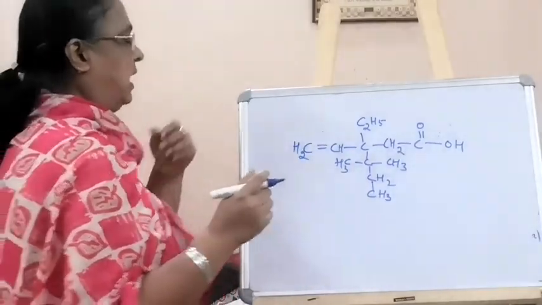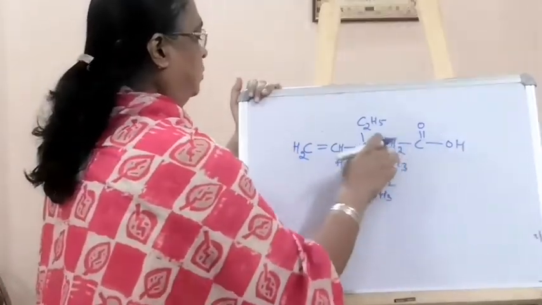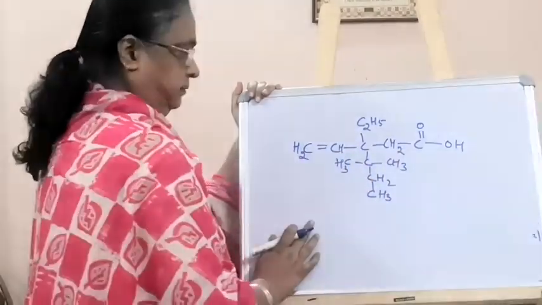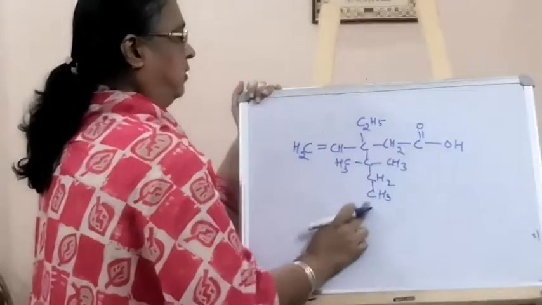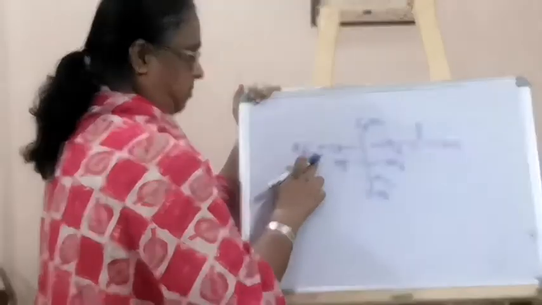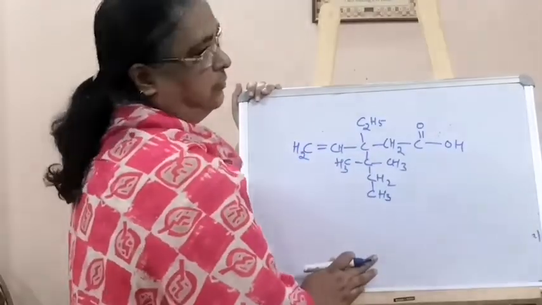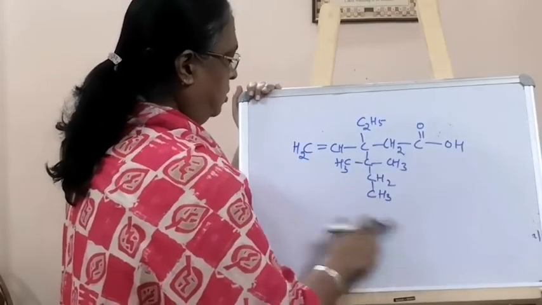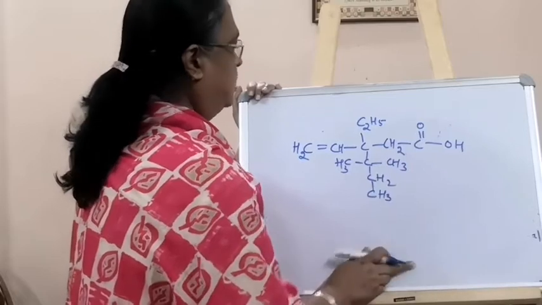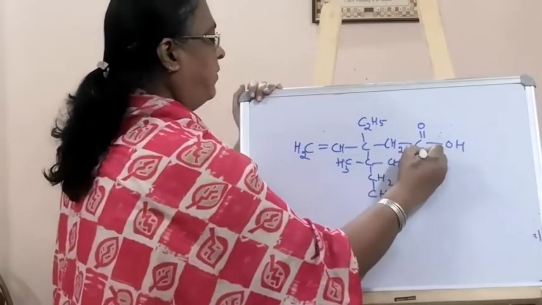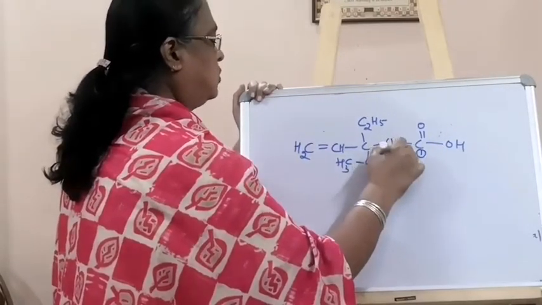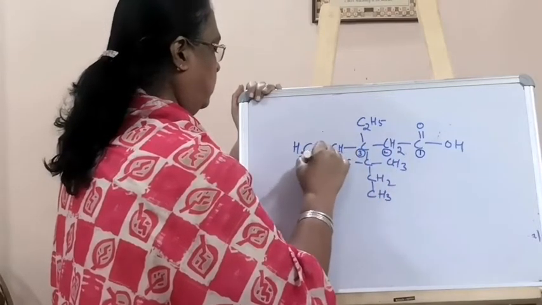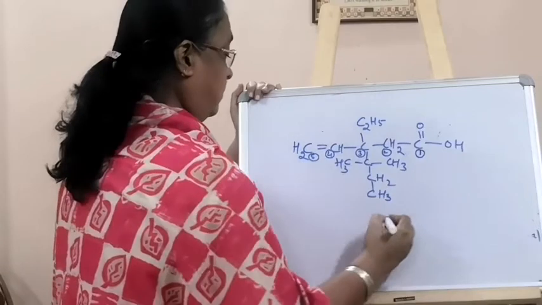So in this case 1, 2, 3, 4, 5, 6, and 1, 2, 3, 4, 5. This way the chain will be longest, but here is the double bond. So we must include the maximum functional group. In that case the first rule, the longest chain rule, is violated. So this will be 1, this is 2, this will be 3, this is 4 and this is 5.